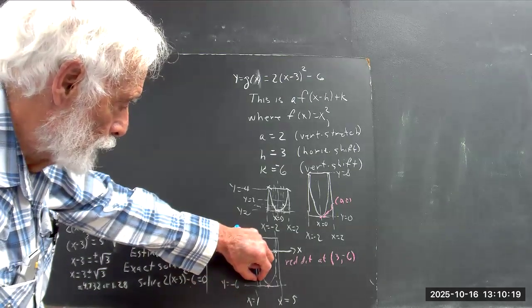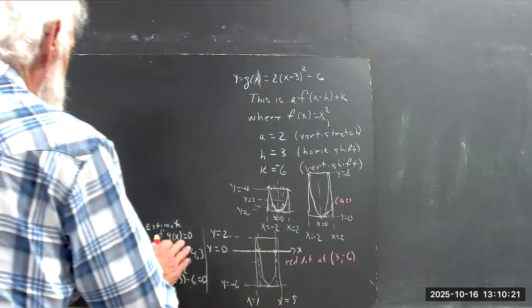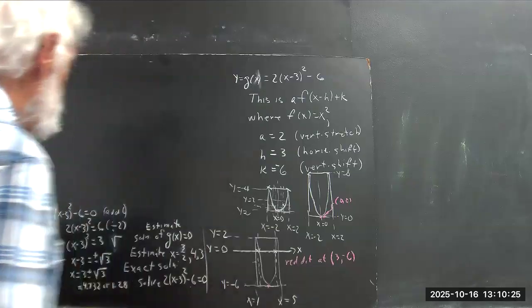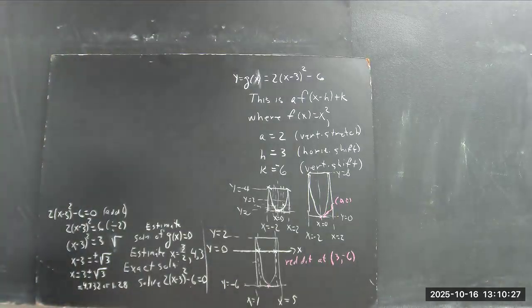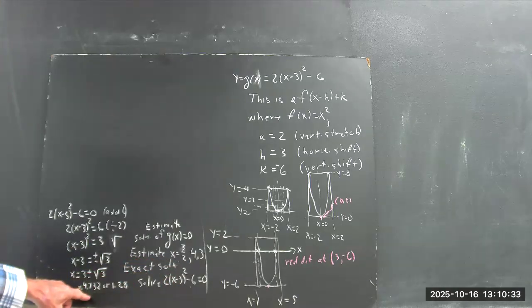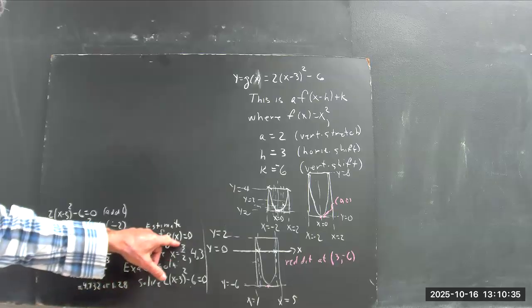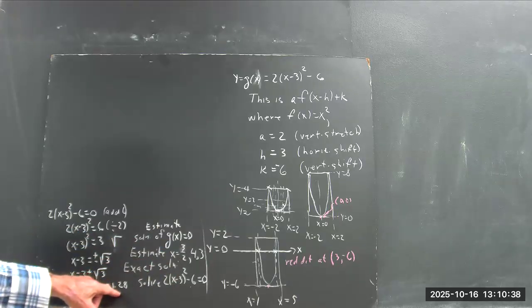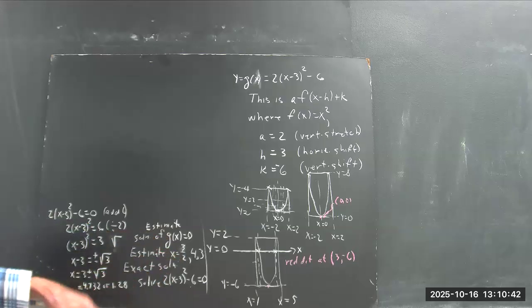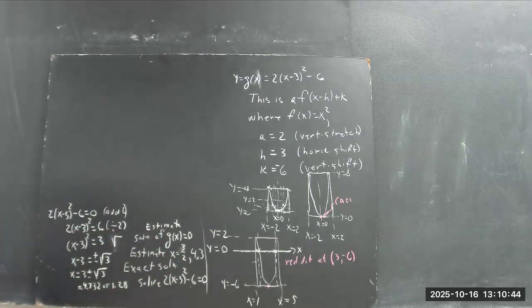I was estimating that distance is 1/2. So if I estimate 3/2, that's a little better, but still it's not great. My 4.3 should have been closer to 4.8. My 3/2 should have been closer to, well, that's like 1.5, should be closer to about 1.28 or 1.25.